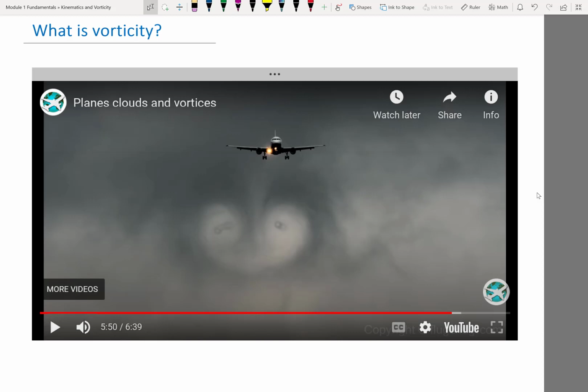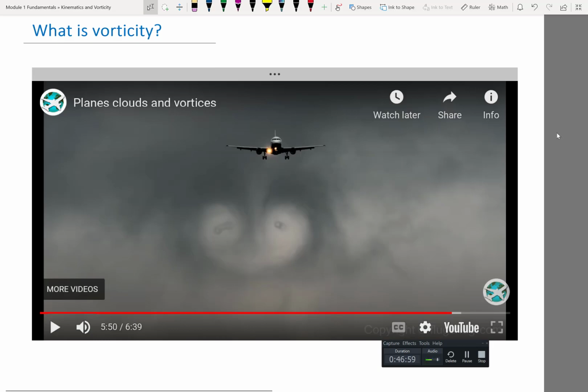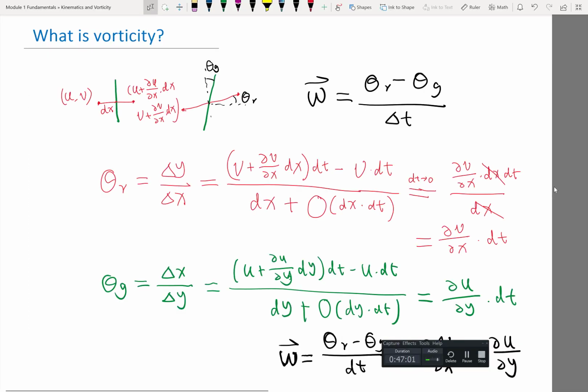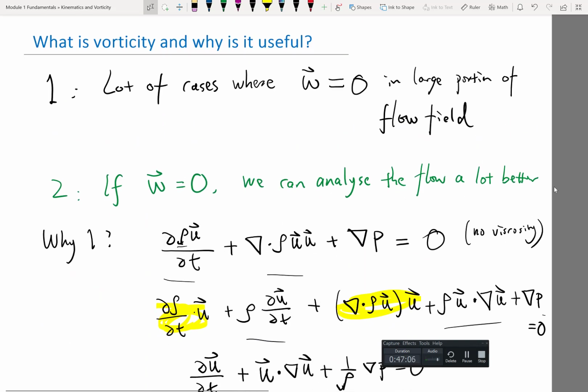In particular, a lot of this vorticity gets what we call rolled into these two tip vortices. So you see these tip vortices being very strong and concentrated. That's why there are a lot of cases where there is no vorticity in most of the flow field.